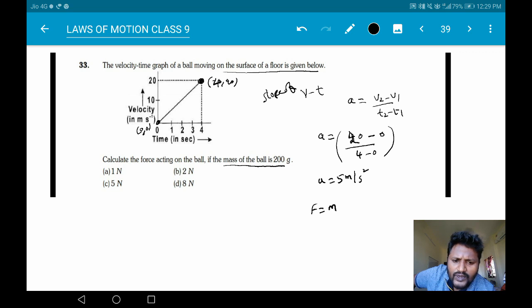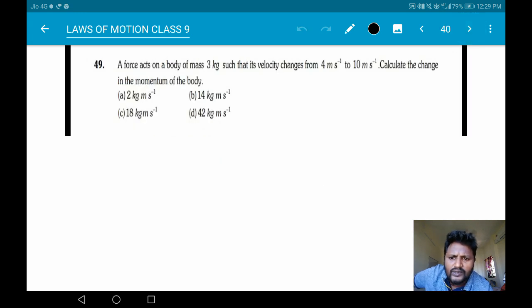F equals ma. So m value we can write, mass 0.2 into 5. So 1 Newton is the magnitude of force acting. I am converting this mass into kg, so I am going to get 0.2 kg.